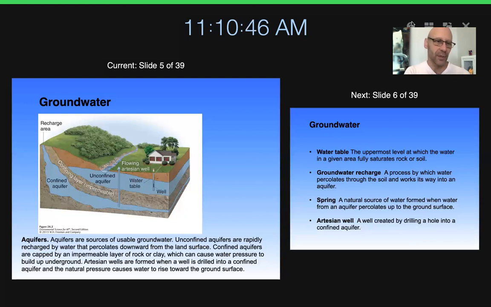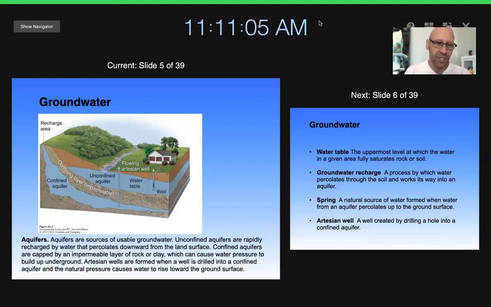Now, here's the thing, everyone. The reason I wanted to bring up this picture is because this picture very commonly creates a misconception in your brain. It creates an image of what an aquifer is that is incorrect.